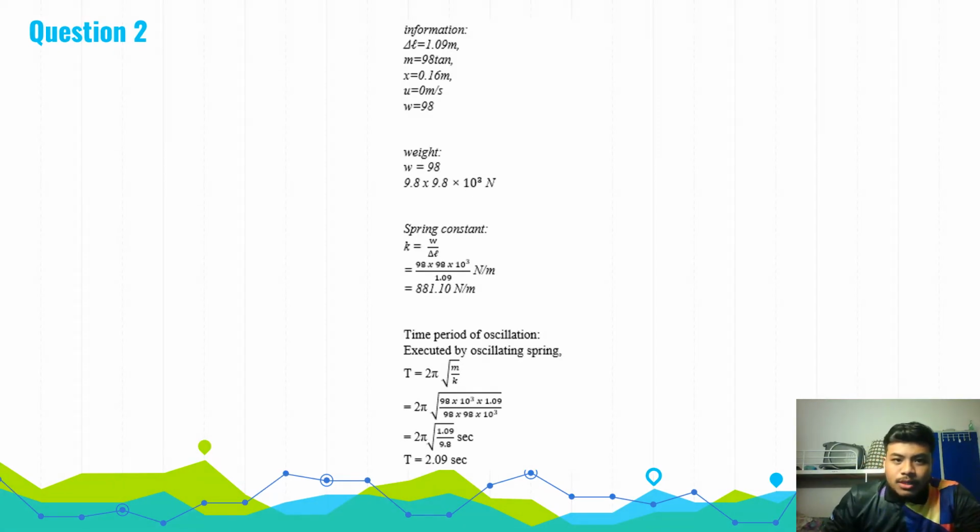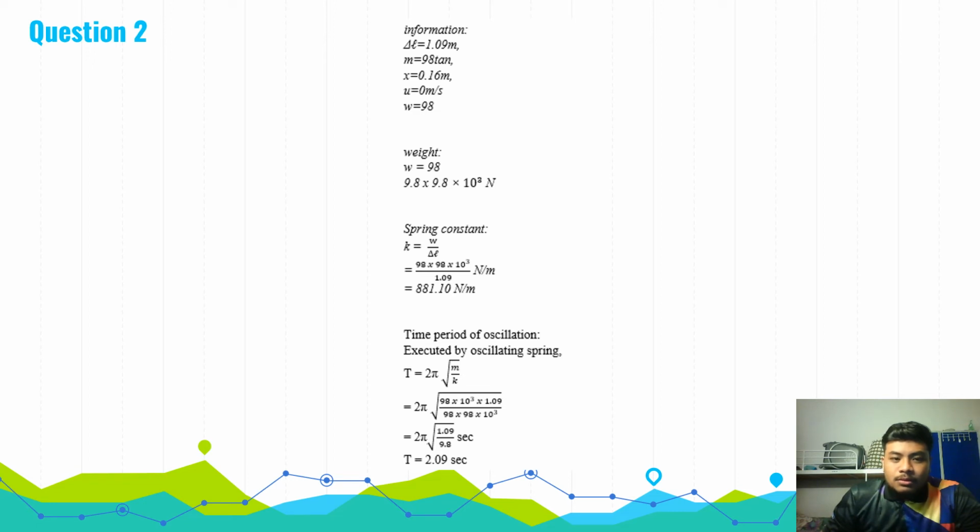Okay, so the information we can get from the question is that the ball stretch is 1.09 meter and the mass is 98 tonnes, and 0.16 is when the ball is pulled down from rest, and the initial velocity is zero. To get the weight, we multiply 9.8 times 9.8 times 10 to the power of 3 newtons.